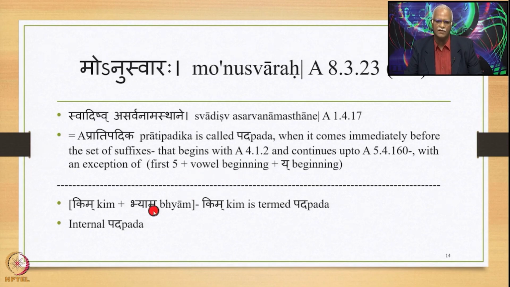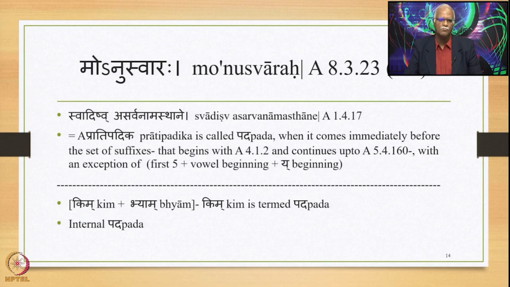It is not beginning with ya, and therefore now when bhyam follows, this pratipadika kim gets the term pada by this particular sutra 1.4.17. So kim is termed a pada with reference to the suffix bhyam. So this is an internal pada.